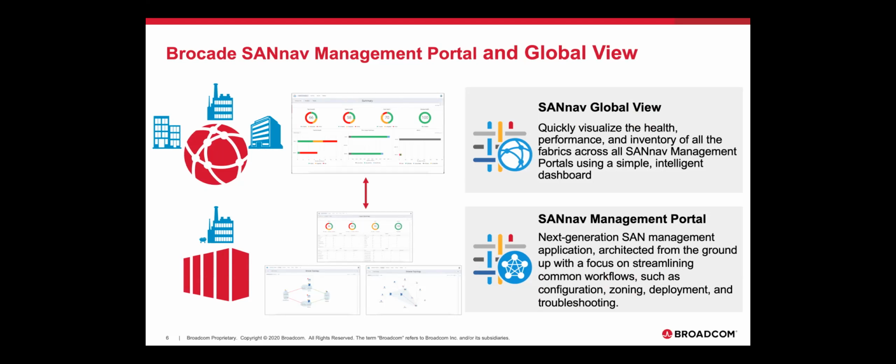And they need to get information aggregated at a global level. So for example, things like getting a complete inventory of all of your ports across the 10 locations all over the world, or getting information about the health of your fabrics across all the SANs that you have deployed all over the world. To answer those questions, customers need SANNAV Global View.